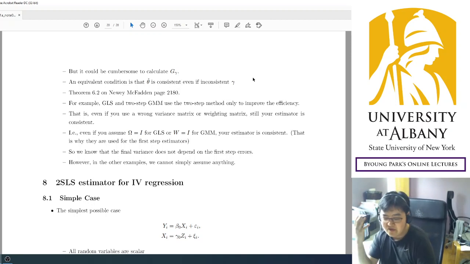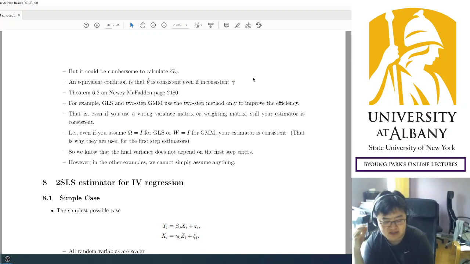So think about the optimal GMM concept. Remember, no matter what weighting matrix you use, your GMM estimator will be consistent. True. And second, the only reason we are using the optimal weighting matrix is because we want a more efficient estimator, a smaller variance.